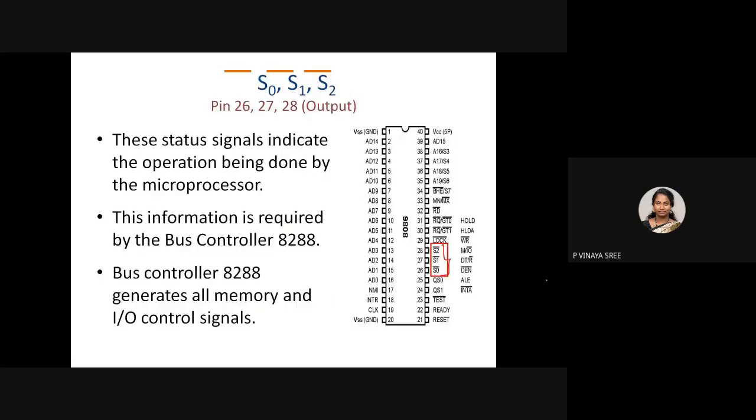And this is related to this one, try to understand. If you think about the minimum mode and maximum mode, we are now studying the maximum mode. Take S2: in minimum mode we have memory or IO bar. If S2 is 0, it indicates it is performing IO operations. If it is 1, it is performing memory operations.